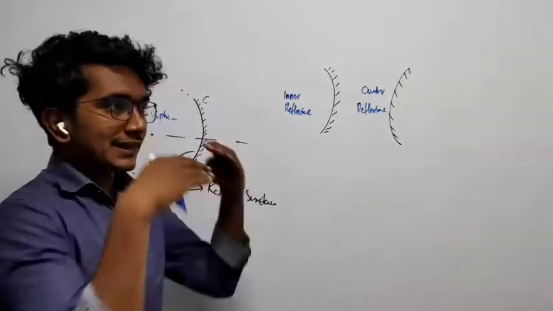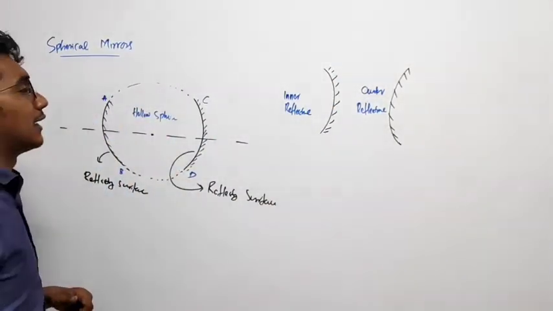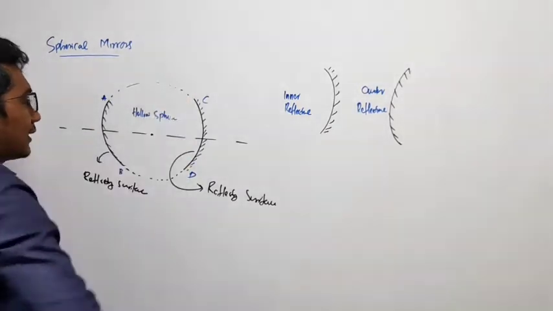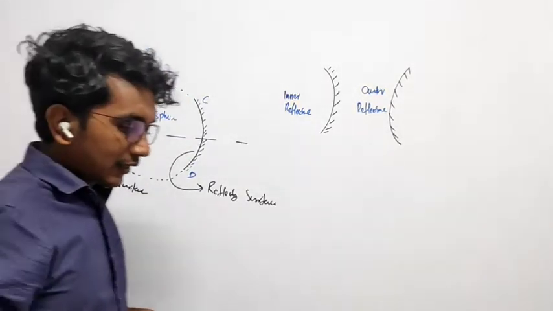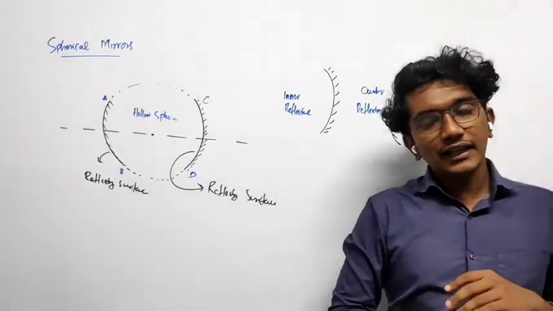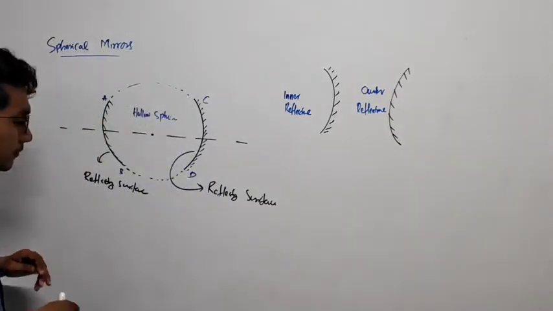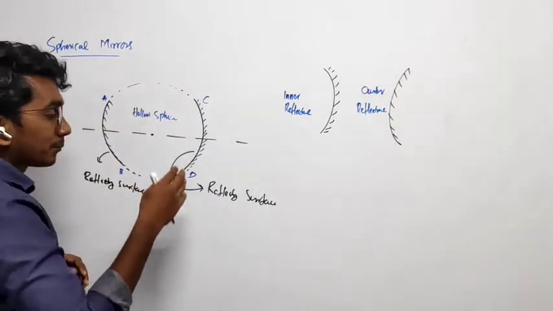So imagine that there is a sphere and I have an imaginary knife, and I cut two portions of the sphere. That is what AB and CD are.